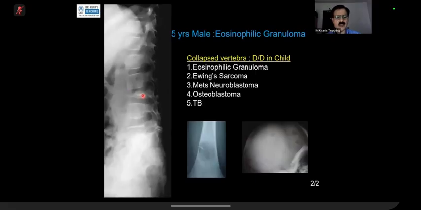Vertebra plana, the differential diagnosis. Take a screenshot of this. Vertebra plana is a differential diagnosis which per se you should remember in a child, without history of trauma, I mean to say. So this is the differential, and LCH will be up here.